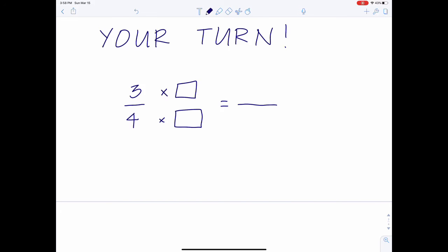What number did I multiply to get 12/16? So 3 times a number gives me 12, and 4 times that same number is going to give me 16, to get my equivalent fraction of 12/16. So in your Google form, you're going to tell me, what number did Miss Brock multiply 3/4 by to get 12/16?